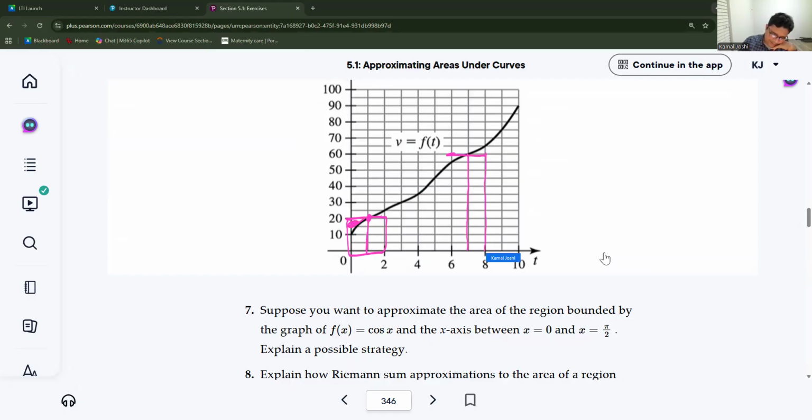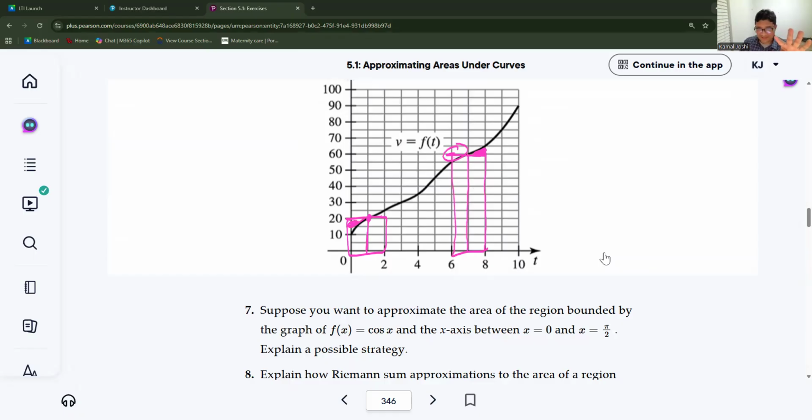And you can again see you're missing something here, but you're counting some part extra here. And so you can see it will actually be more accurate, because you're not always underestimating, you're not always overestimating. In each subinterval, it looks like you are going to miss something and count something extra. They will tend to balance out to some extent.